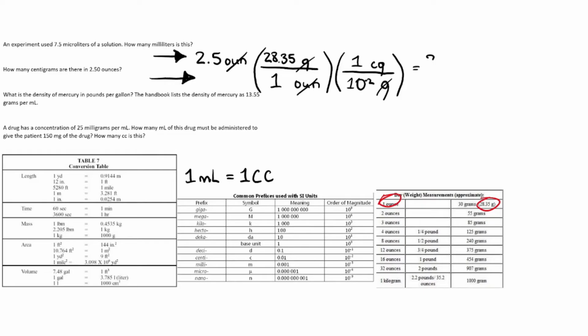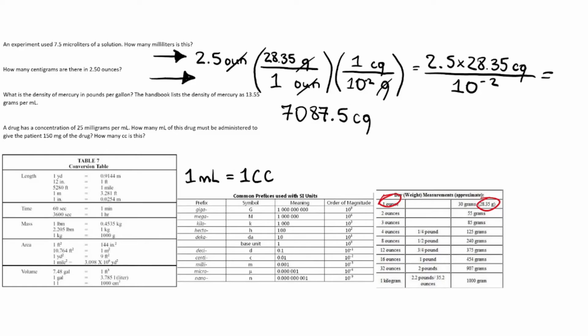That's going to leave us with 2.5 times 28.35 centigrams divided by 10 to the negative 2, and that comes out to be 7,087.5 centigrams. And there you have it. That answers question number 2. Let's move on to the next one.